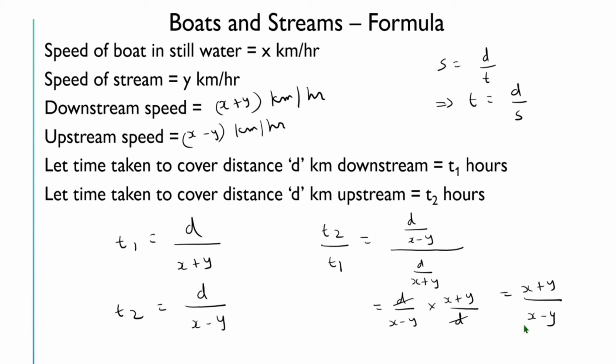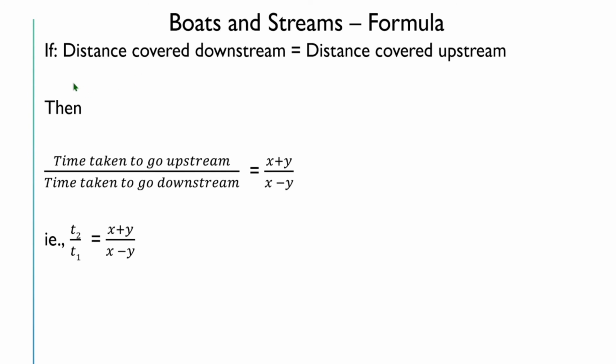So we have got the time taken upstream by time taken downstream is equal to x plus y by x minus y. So if distance covered downstream is equal to distance covered upstream, then time taken to go upstream divided by time taken to go downstream is equal to x plus y by x minus y. That is t2 by t1 is equal to x plus y by x minus y.